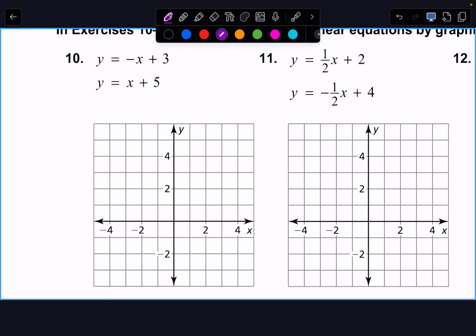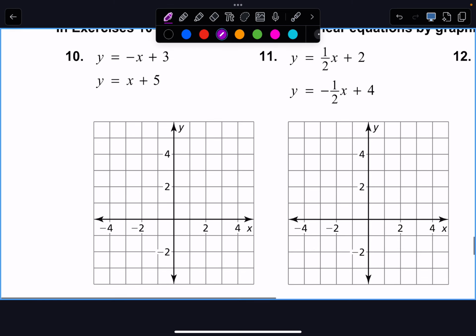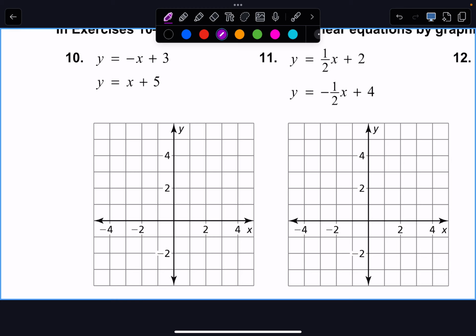Y equals mx plus b. And I'm going to just underline this one in pink. In our pink line, what's our y-intercept? Our y-intercept is 3. And our slope is -1.